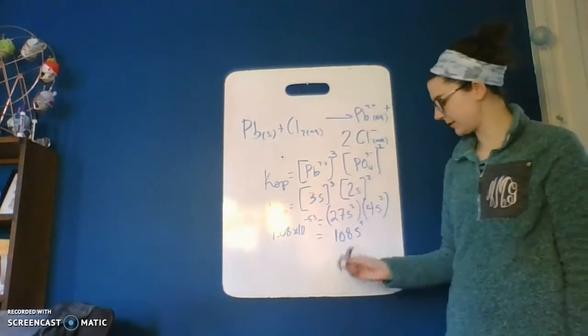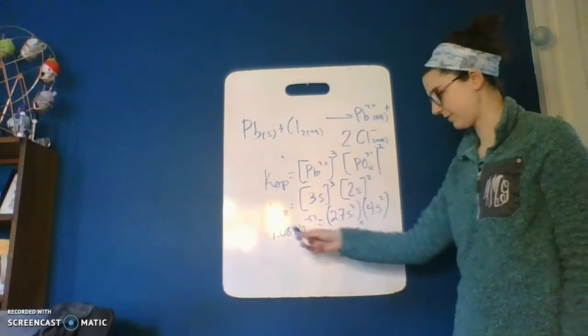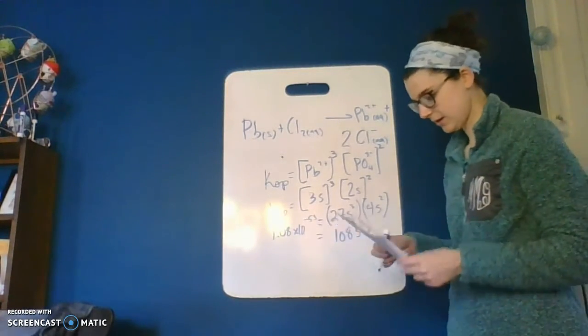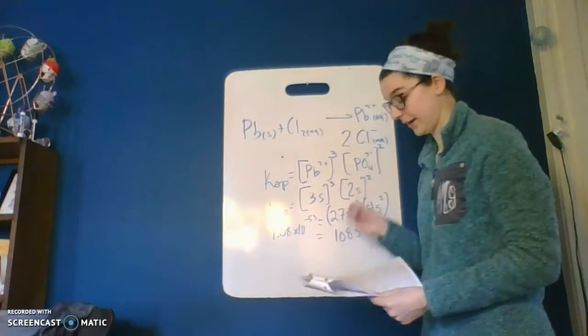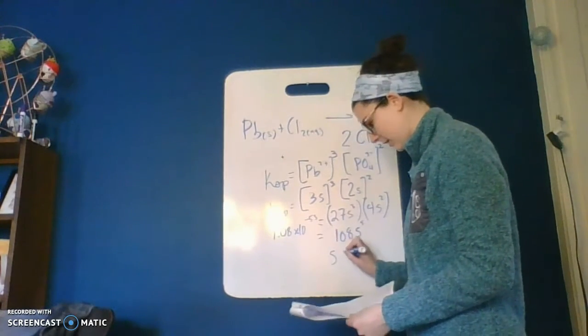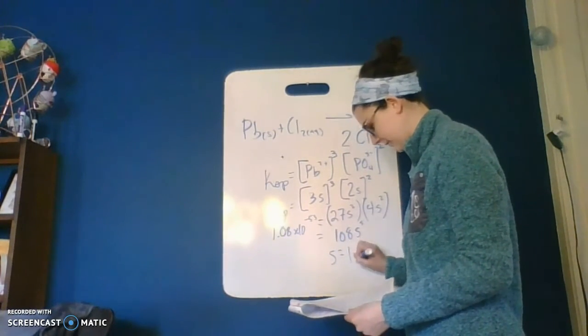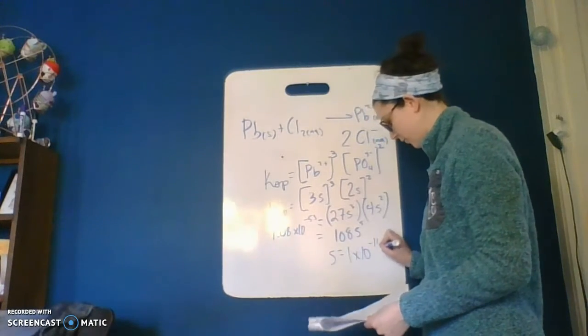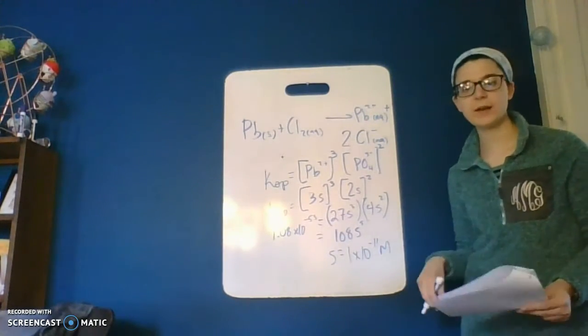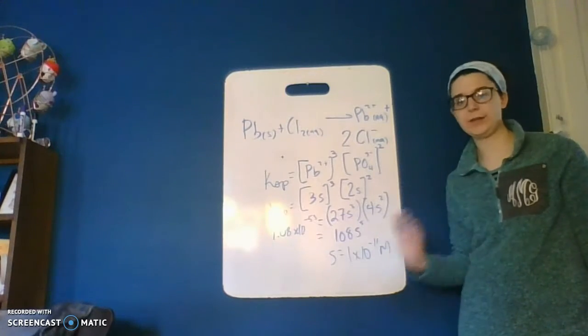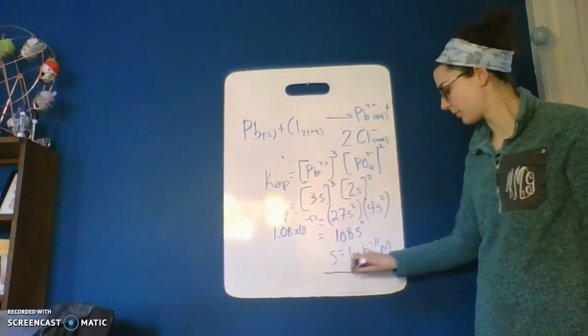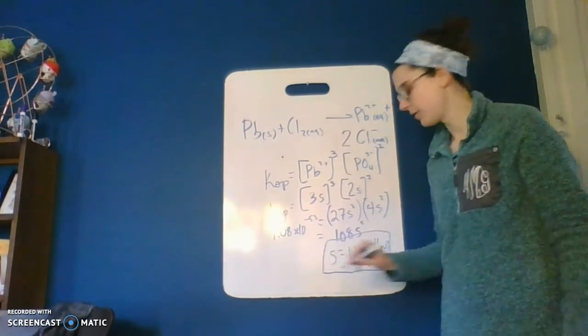Now if I solve for S, I'm going to divide by 108 and then find the 5th root of it. So I get an S value, molar solubility, of 1 times 10 to the negative 11 molar. Okay, so I can dissolve 1 times 10 to the negative 11 moles in 1 liter of solution. So this is our molar solubility for this salt.